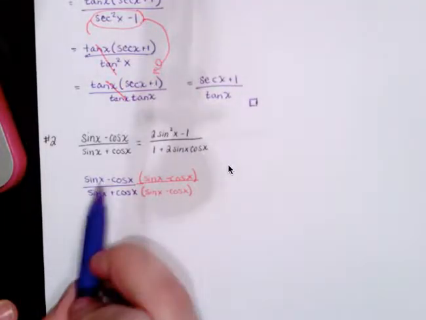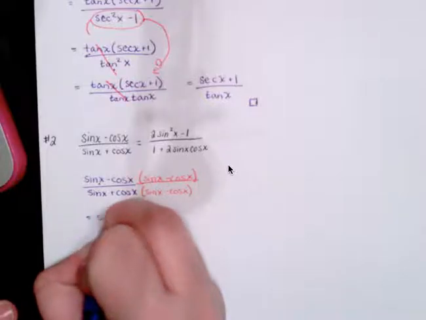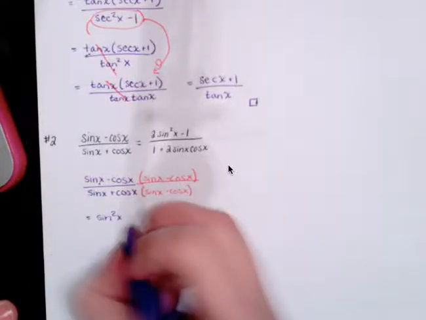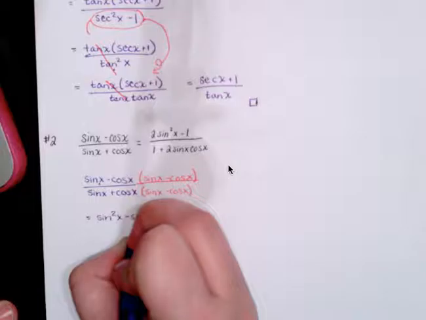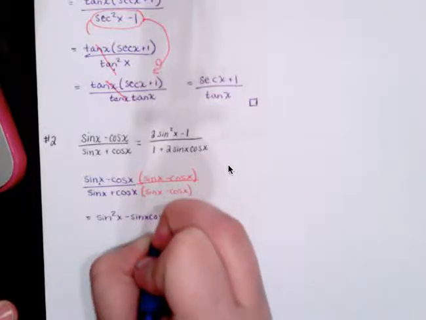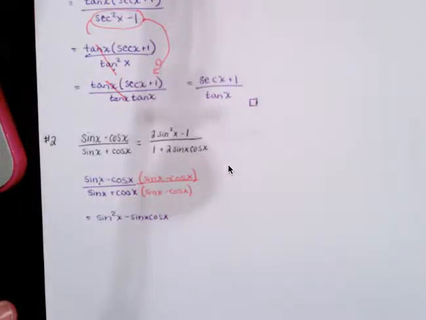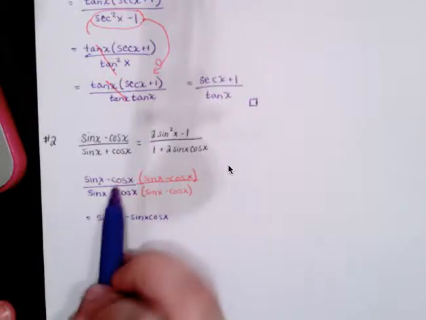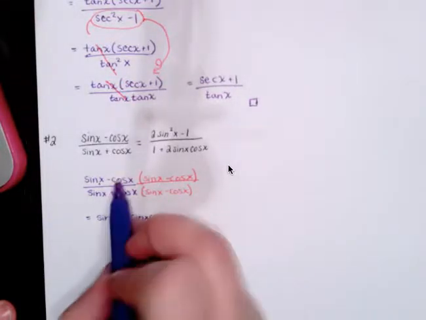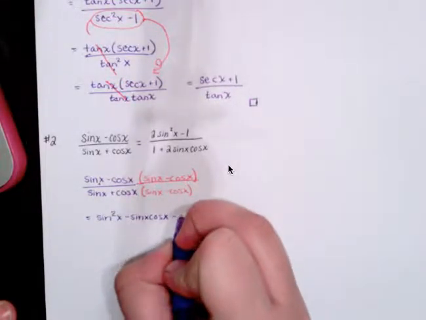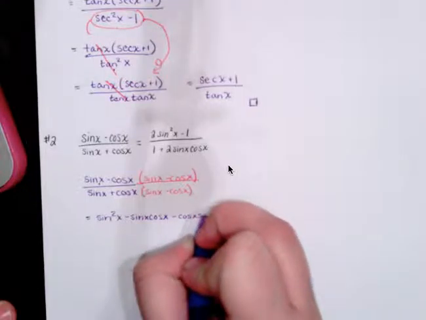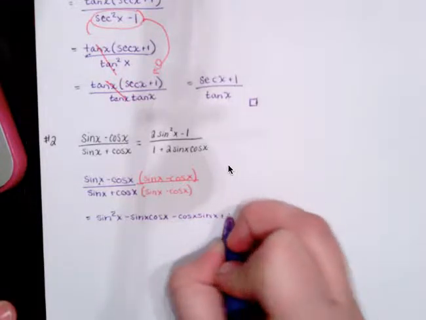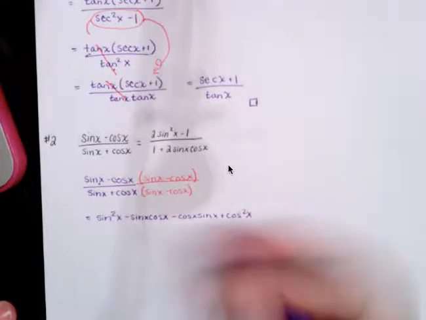So you're going to get sine times sine is sine squared. Sine times negative cosine is negative sine x cosine of x. Sorry, I'm tired. And then you'll get cosine times that, so I get negative cosine x sine x. And then plus cosine squared. So I just FOILed out the top.